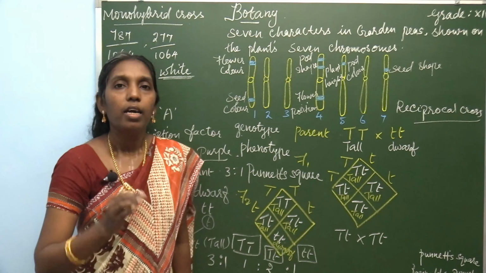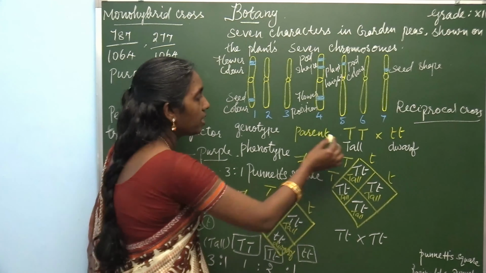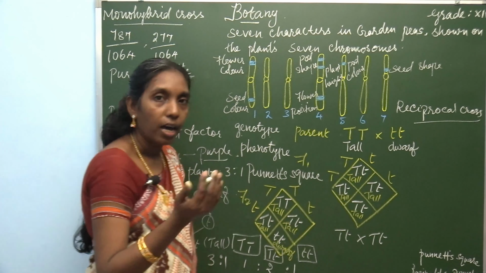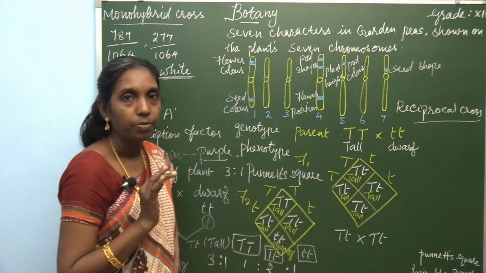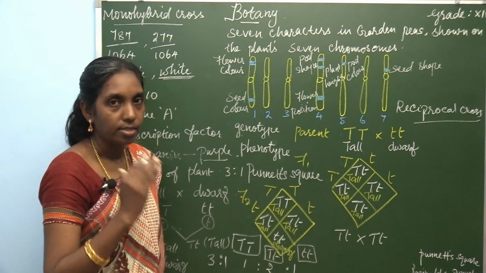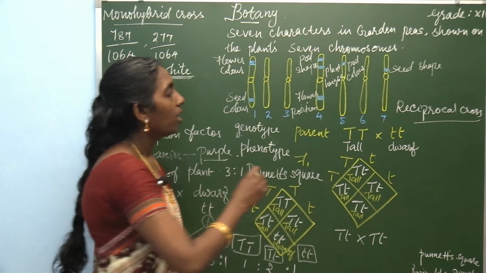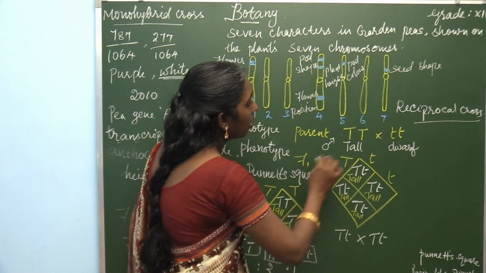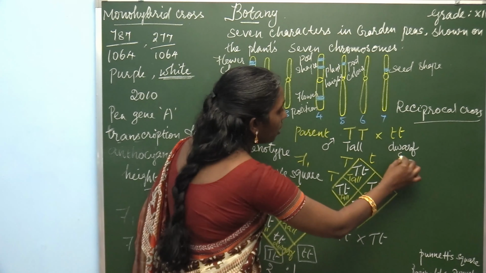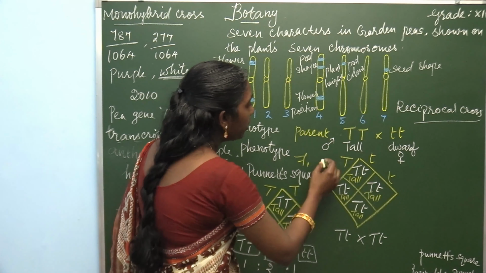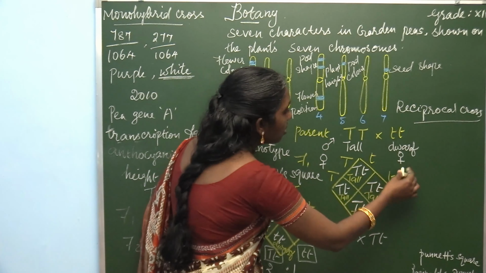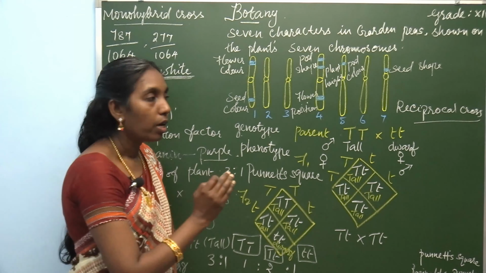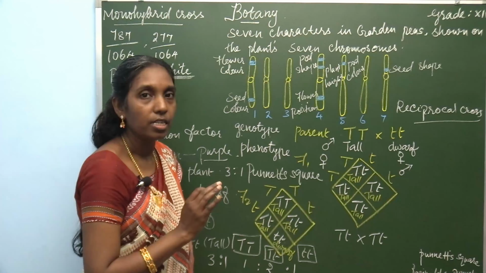In one experiment we cross capital T with small t, and in the other small t with capital T. Both results are the same. Whether capital T is male and small t female, or capital T female and small t male, the result is the same.